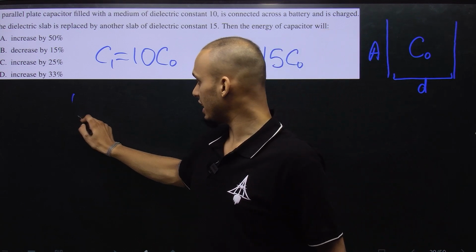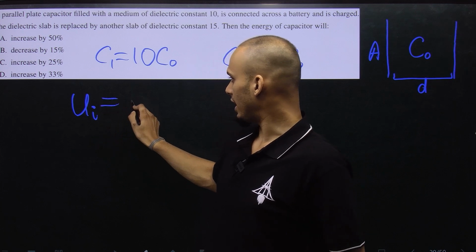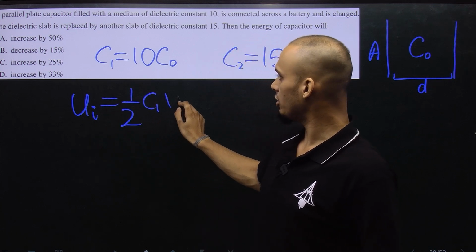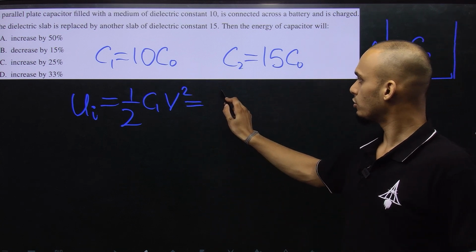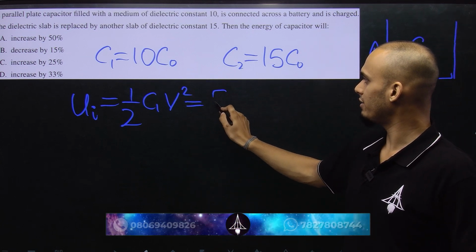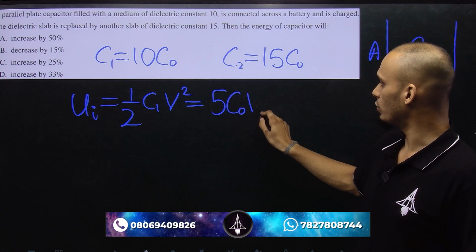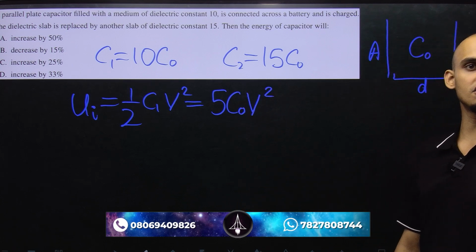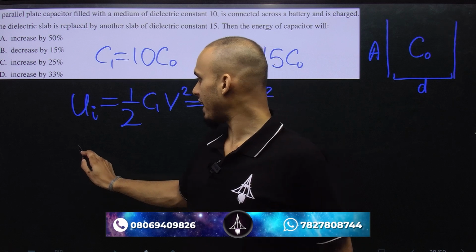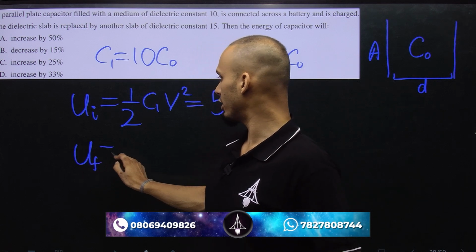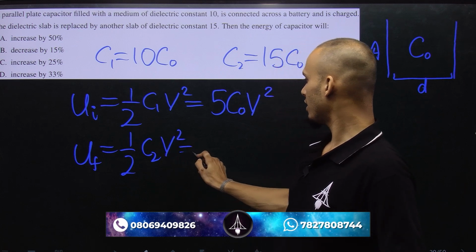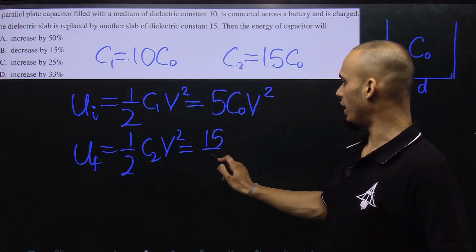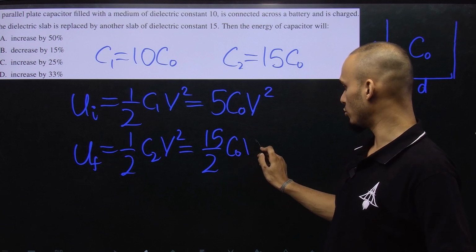We can write the initial energy stored in the capacitor as half into C1 into voltage squared, where C1 is 10 C naught, so divided by 2 that is 5 into C naught into V squared. The final energy stored in the capacitor will similarly be half into C2 into V squared, that's equal to 15 by 2 into C naught into V squared.